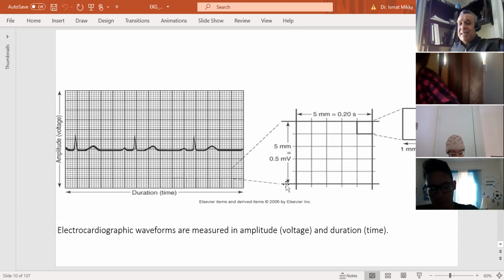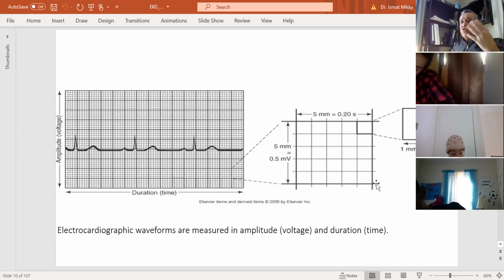So this is the x-axis, and most of our analysis will be based on the x-axis and the duration in seconds, and not the y-axis, because the y-axis is the amplitude, the voltage.